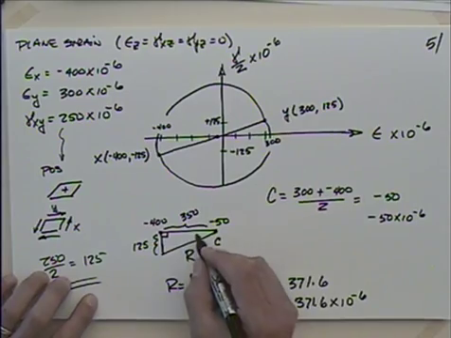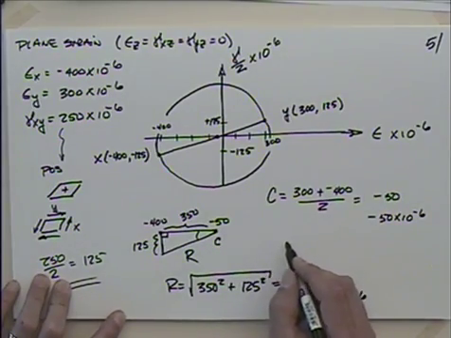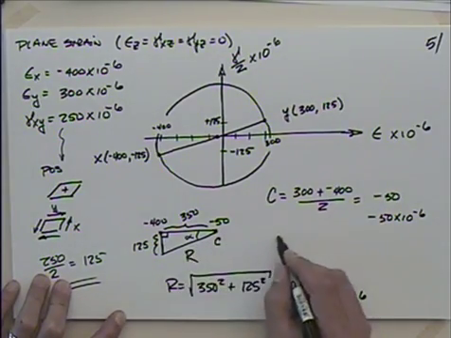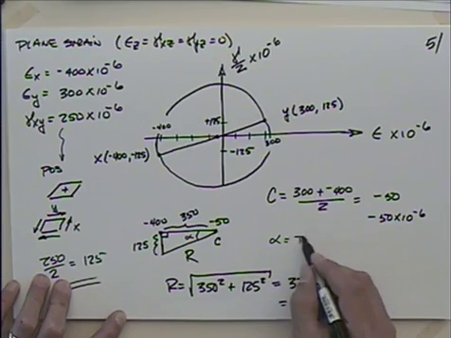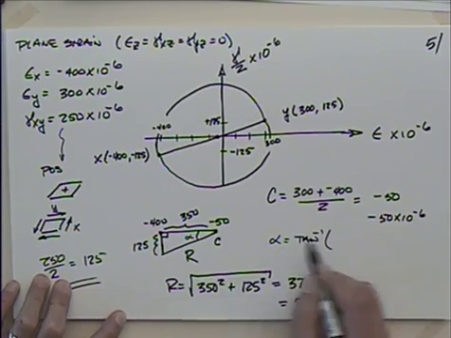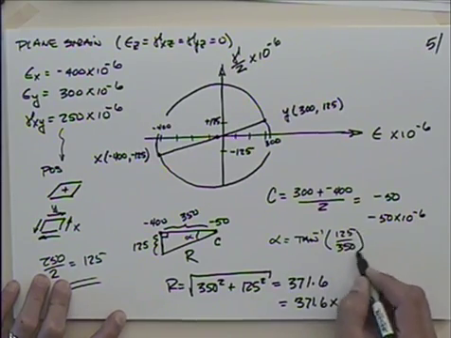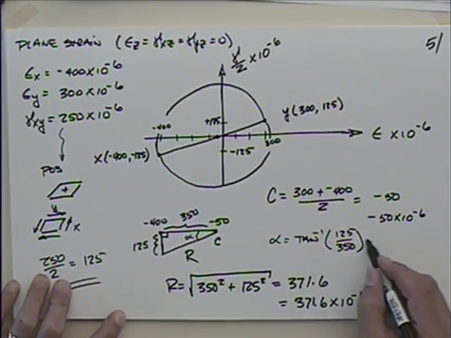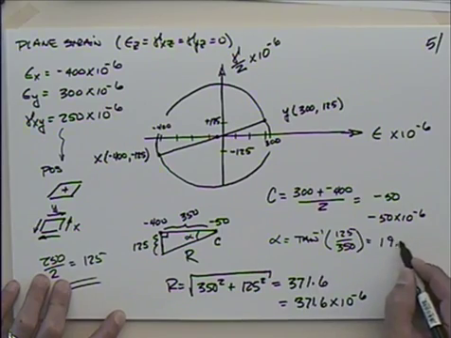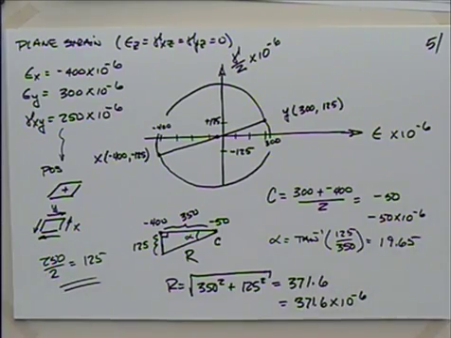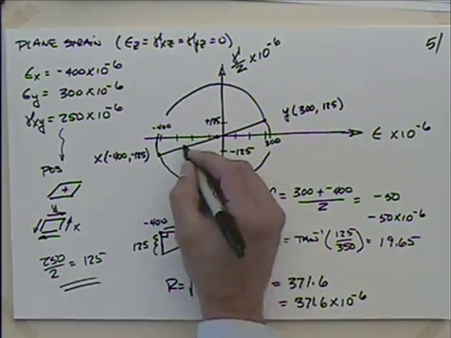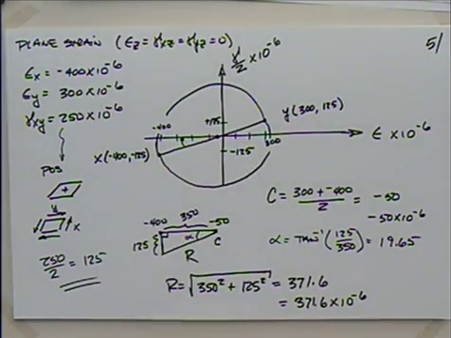Over here we might deal with this angle. That might come in handy. We'll call that alpha. Alpha is going to equal the arc tangent of the opposite side, 125, divided by the adjacent side, 350, which is 19.65. So I'd have to rotate clockwise on the circle, 19.65.